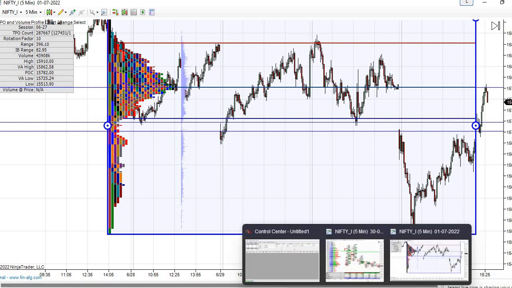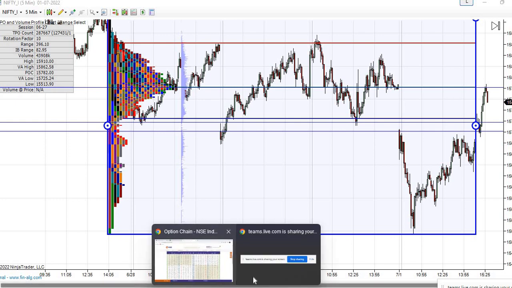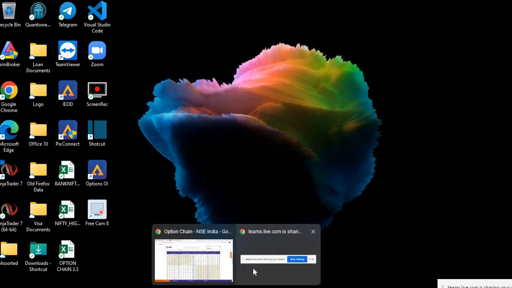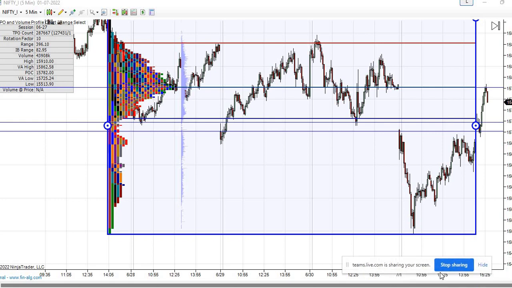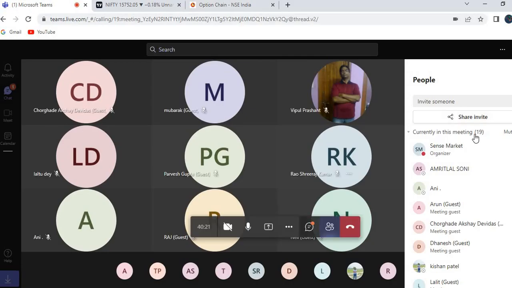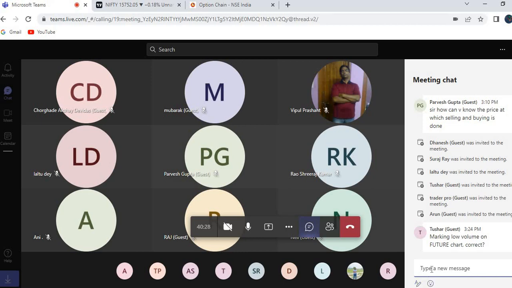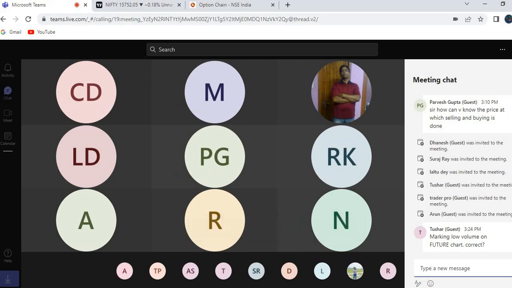Okay, so now let me go back to this Microsoft Teams thing. If anyone has any question, please type it out. Marking low volume on a futures chart, correct, sir, because on a spot chart there is no trading, there is no volume.